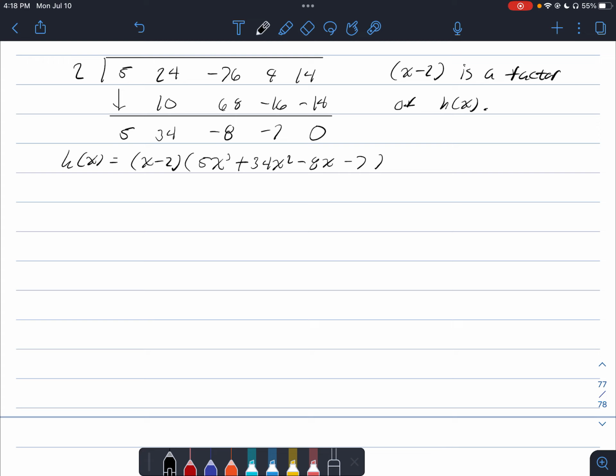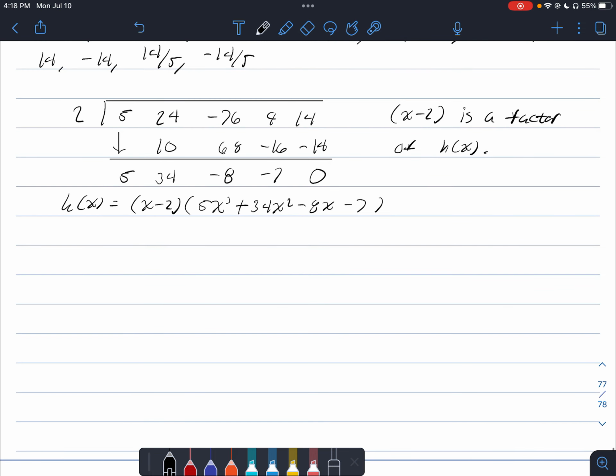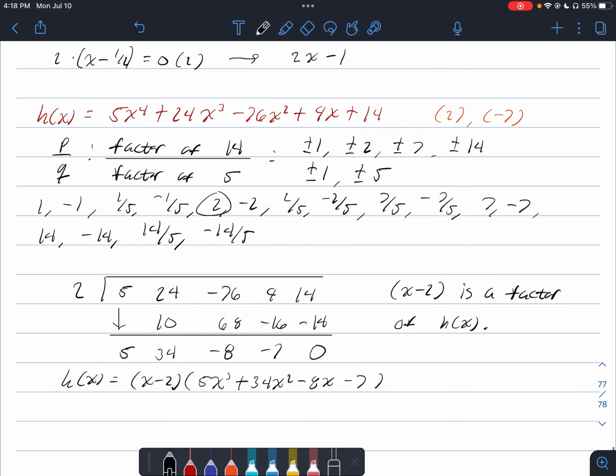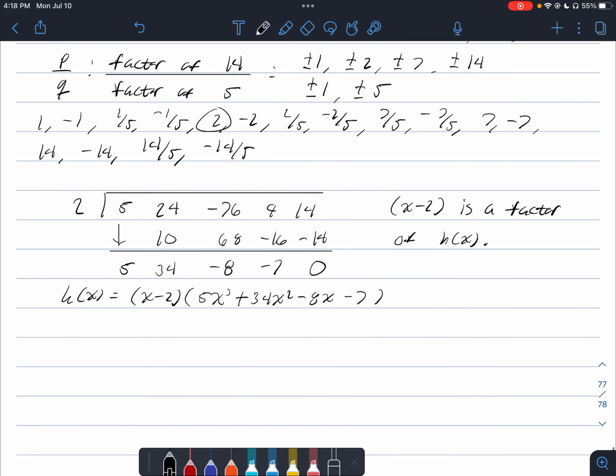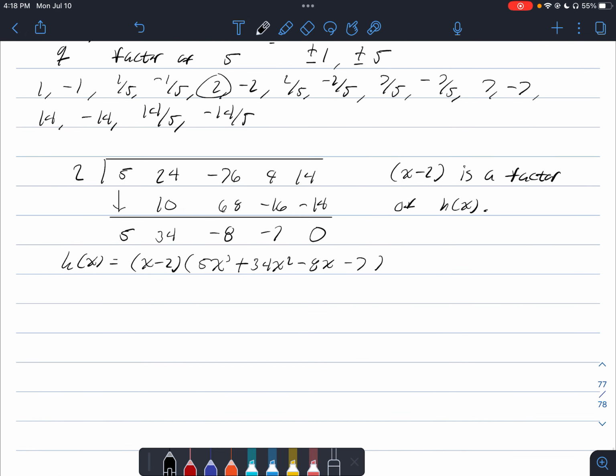Okay, so if you have anything higher than degree 2 polynomial left over, so we were given a degree 4 polynomial to start with, that means we're going to have some binomial times a polynomial of degree 3 here. If you're given a degree 3 or higher, I would just keep checking zeros here, okay? But one of the nice things about this, really you have a couple of options.